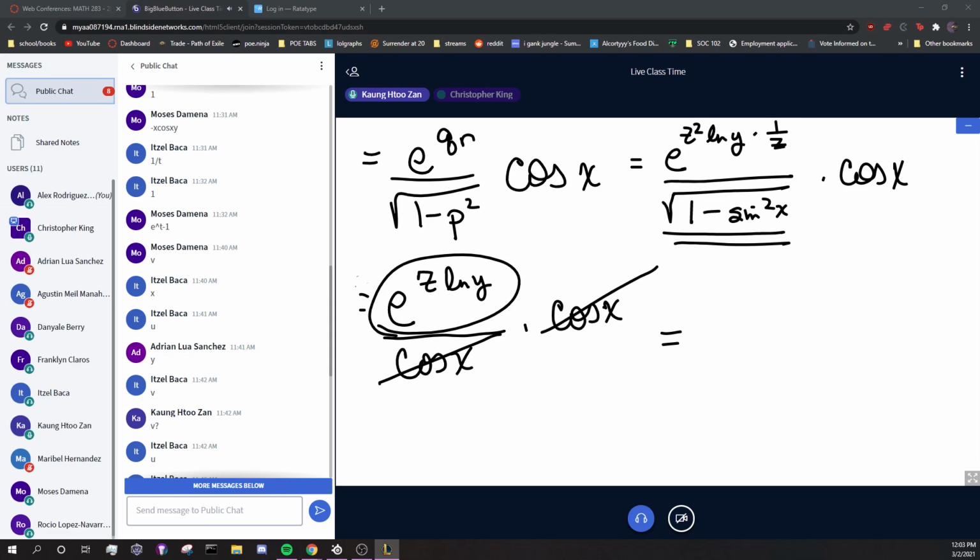No. Yes, it's going to simplify down to y to the z. Okay. It simplifies down to just y to the z. Any questions?